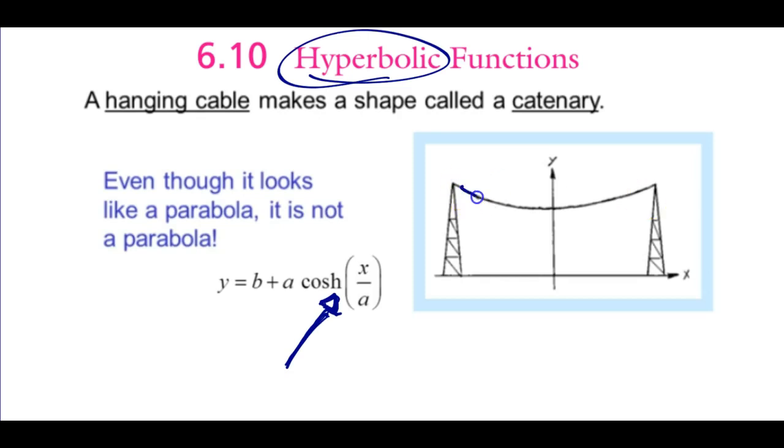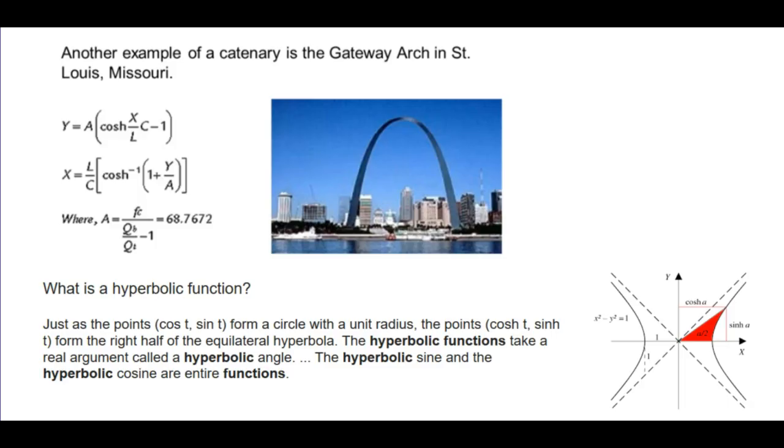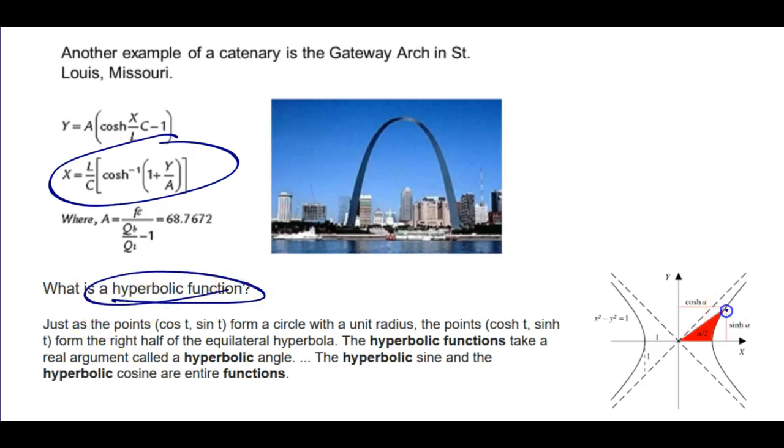This looks like a parabola right here, but actually it's not a parabola. It's actually a hyperbolic function, which we're going to explore. Another case where you've seen the hyperbolic function is in the Gateway Arch in Missouri. So a hyperbolic function is really just a point on this hyperbola.